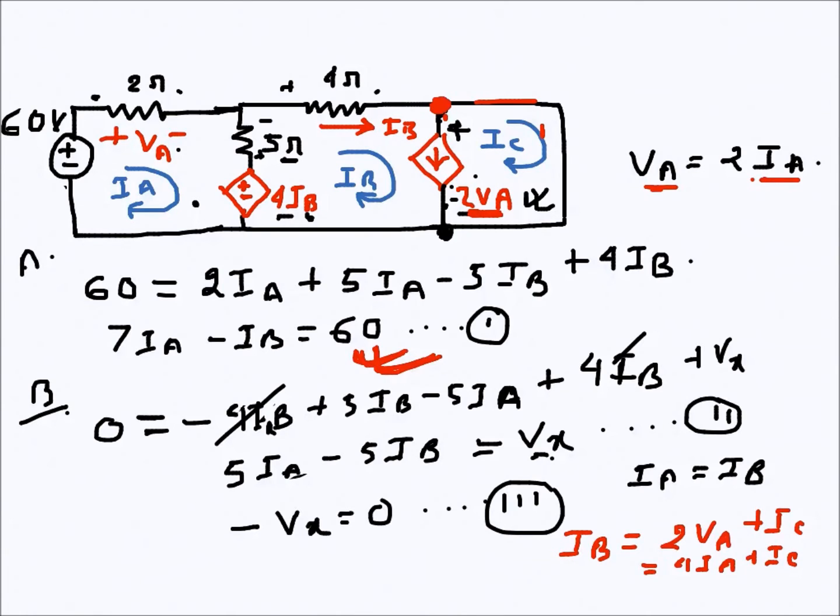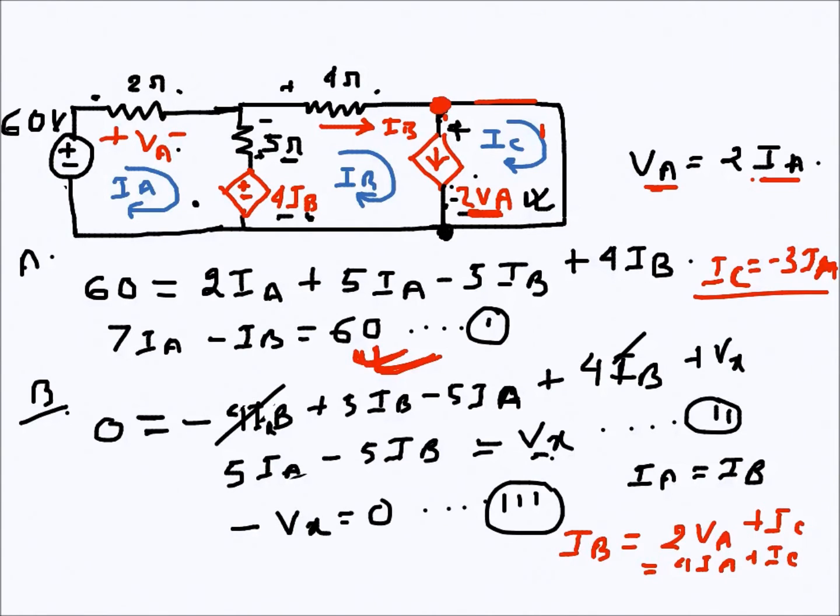Since we know that IA is equal to IB, IC is becoming negative 3IA, or IB, whatever, both of them. So this is how we can find IC as well. So we can find all the unknown currents and voltages by this method.